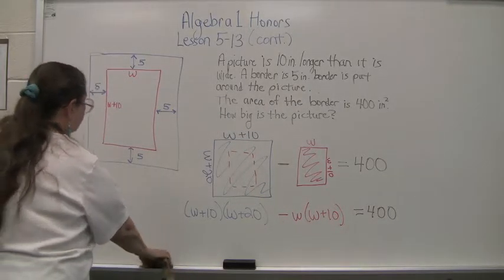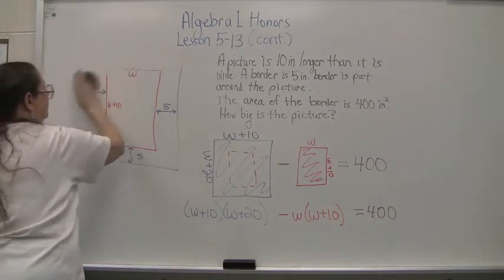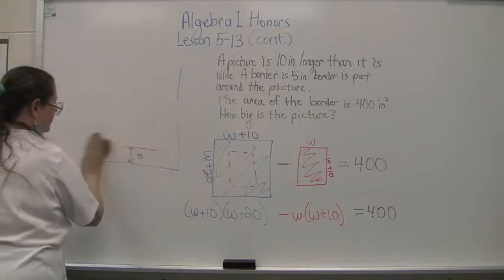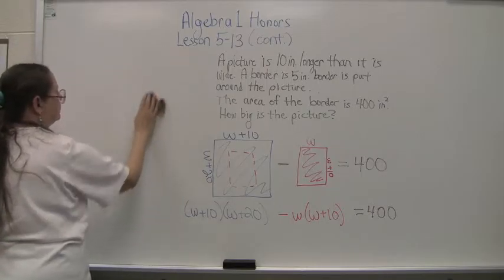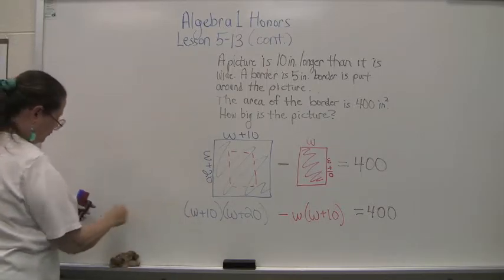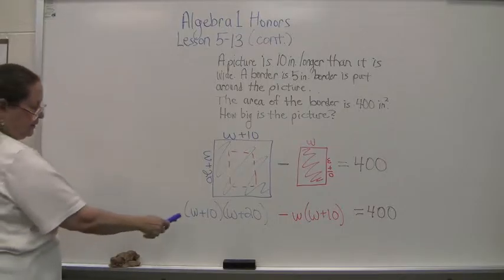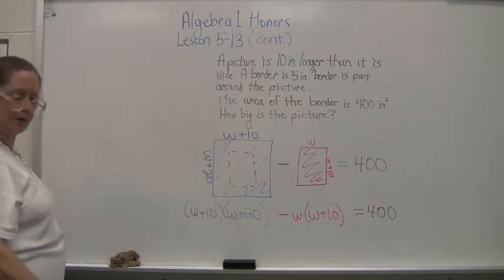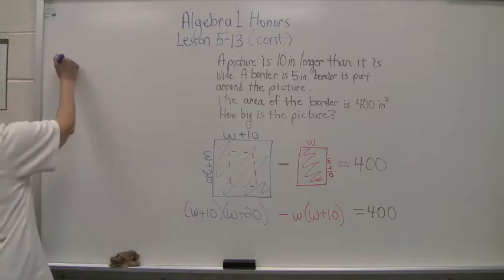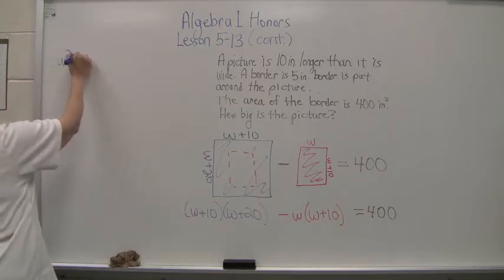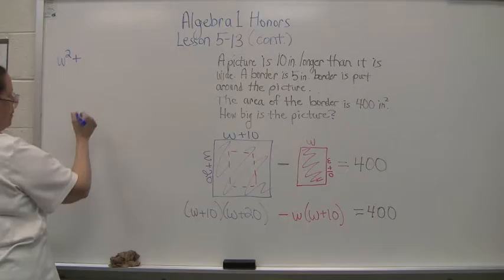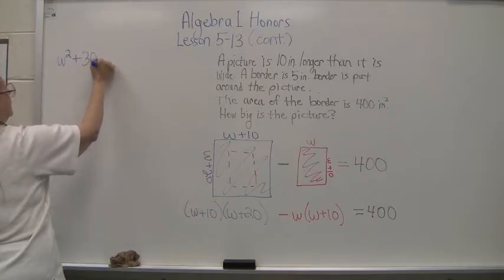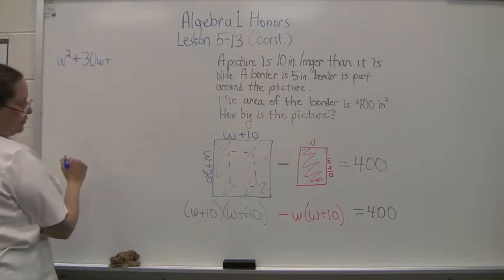I'm going to erase my rectangle over here so we have some space. We're going to first FOIL W plus 10 times W plus 20. And we're going to get W squared plus 30W plus 200.